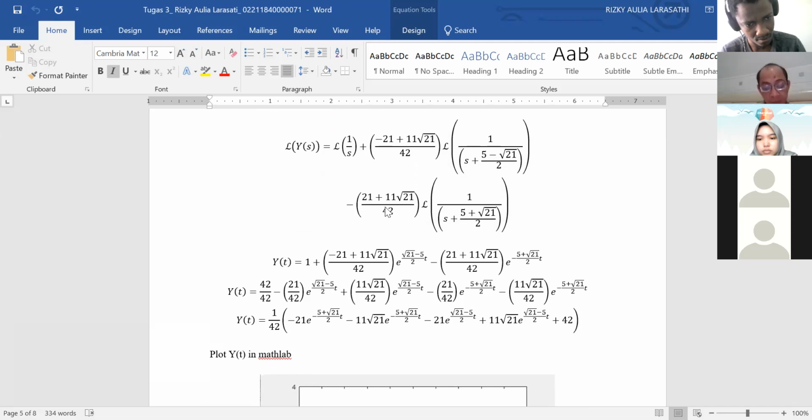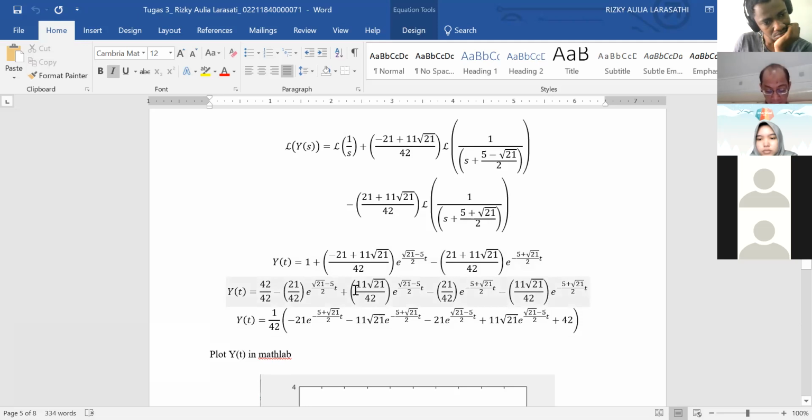And then y(t) equals 1 plus (minus 21 plus 11 square root of 21) per 42 e to the power of (square root of 21 minus 5) per 2 t, minus (21 plus 11 square root of 21) per 42 e to the power of (minus 5 plus square root of 21) per 2 t, and then we can get y(t) like this.